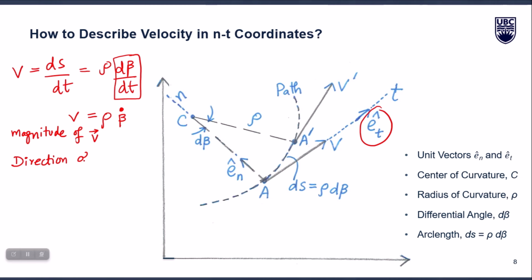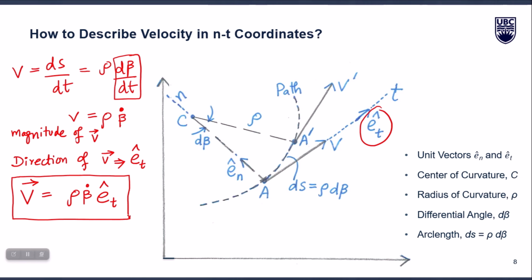So we can write velocity in vector form as v vector equals the magnitude rho times beta dot, multiplied by the unit vector E sub t. This is the complete description of velocity in the n-t coordinate system.